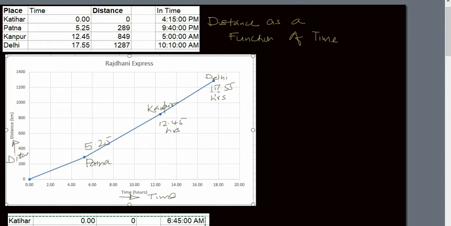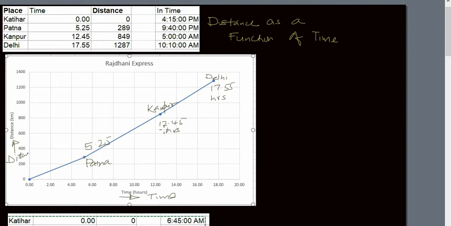So the way you look at it is that as you move through time, you are moving through distance, and the distance that you cover depends upon how much time has gone by. So for this train, Rajdhani Express, in 5.25 hours you reach a place called Patna.